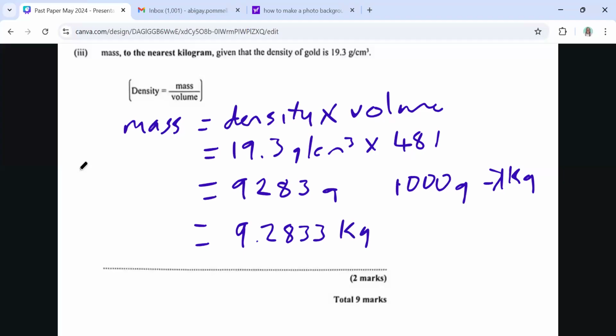And they said the nearest kilogram, which can be 10 kg. All right?